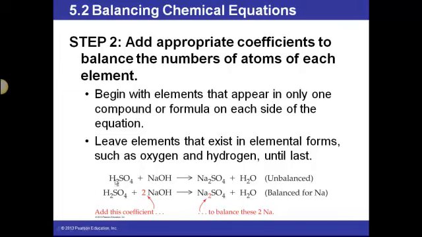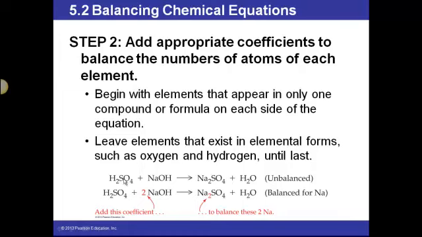What you'll notice if we go through and look at the number of atoms on each side, let's start with the numbers of sulfur or sulfate. These are ionic. We know that sulfate is a polyatomic anion, so when we're looking at chemical equations, these typically will move together as an ion. So we can see that on both sides: we've got one SO4 over here, and one SO4 over here.